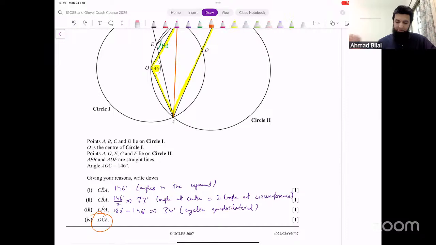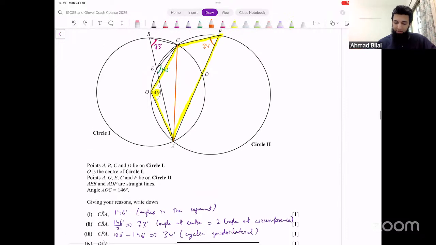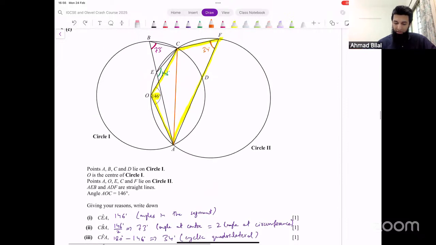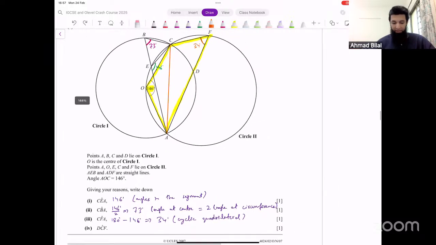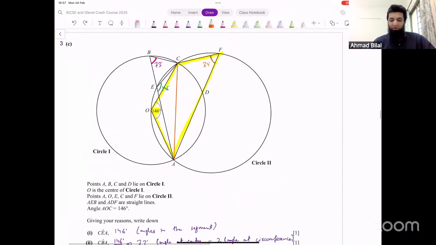Now, what's next? DCF. What angle is that? Now that's interesting. DCF, we don't even have a line that's going from D to C, so we would have to draw that line ourselves. They're asking for this angle here.